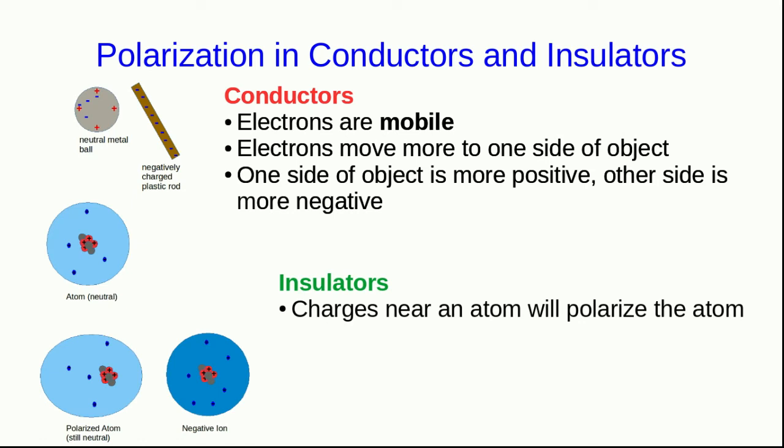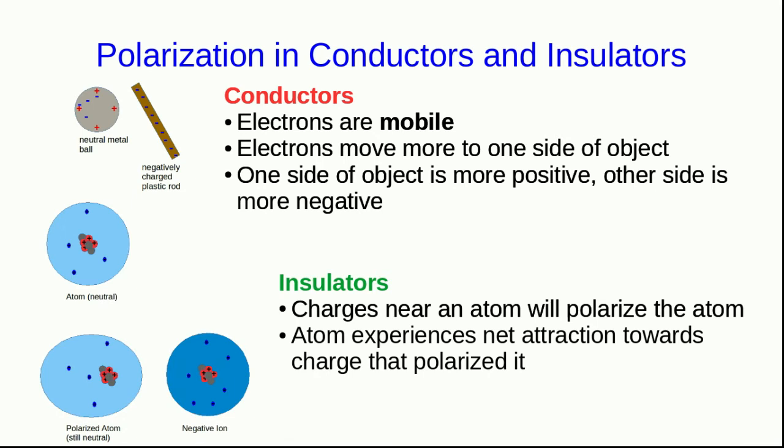What about insulators? In an insulator, the electrons aren't mobile within the object. However, the atoms themselves can still be polarized. When an atom is brought near to a charged object, such as a negative ion, the atom will become polarized.